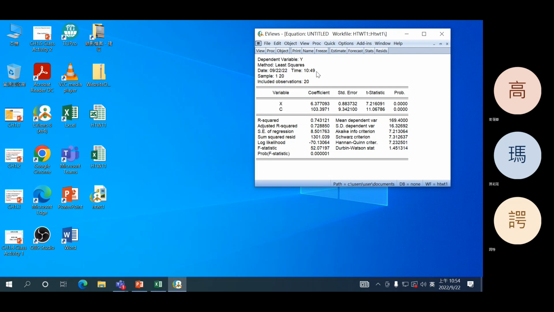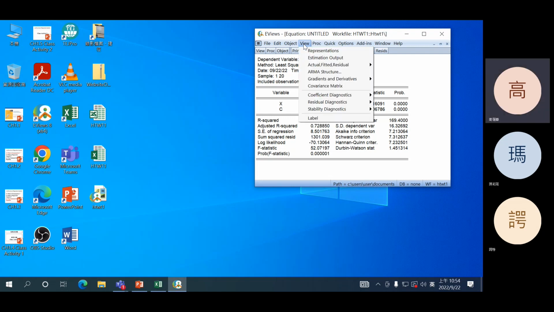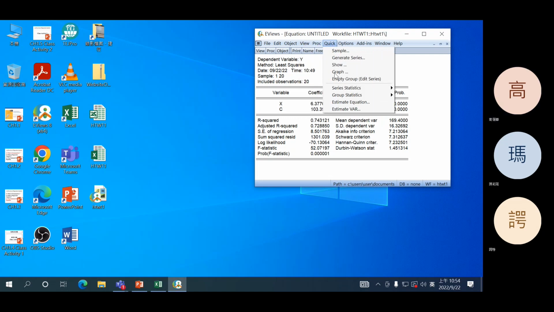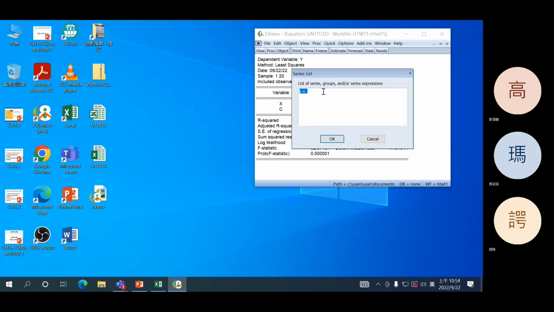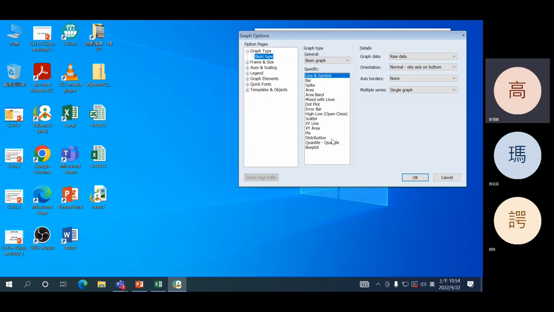Okay. All right. Let's see, can I see any diagram here? A graph? Do I have this graph?